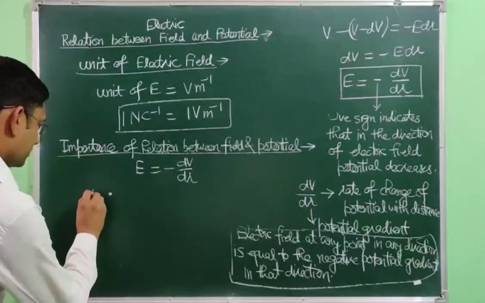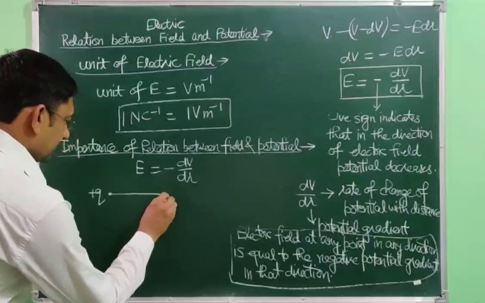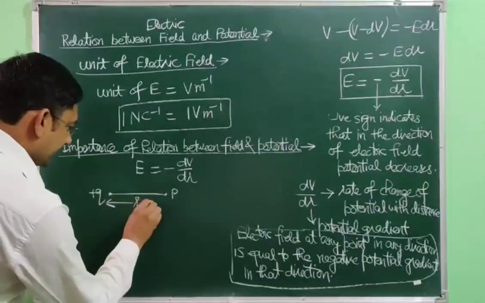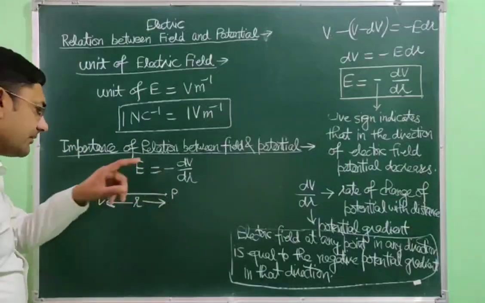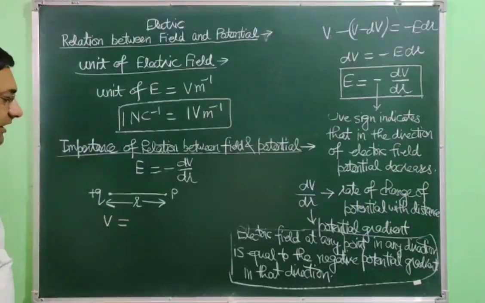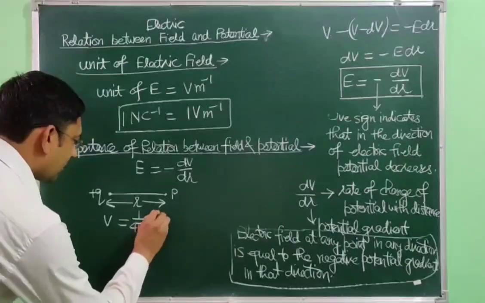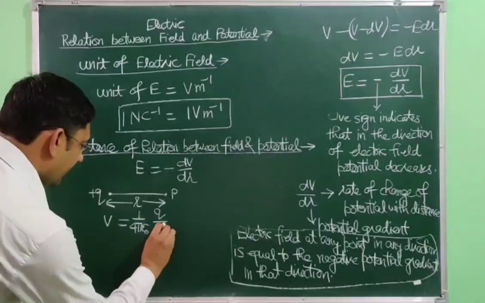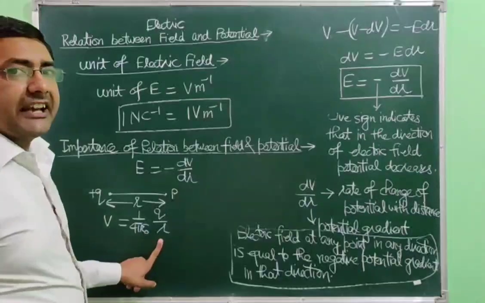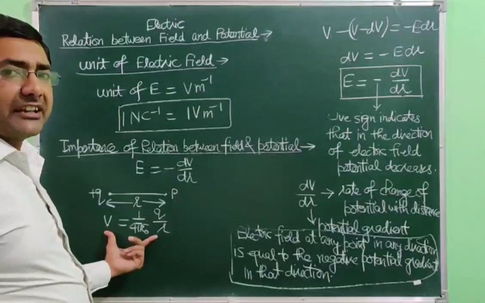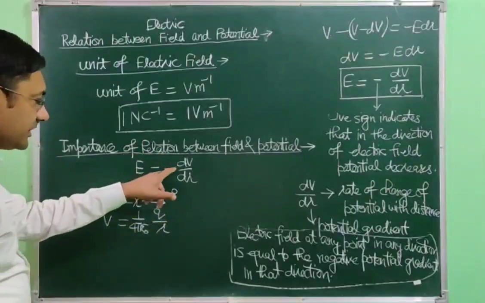Suppose this is plus Q charge, and this is a point P, at a distance r from this charge Q. So what will be potential at this point? Potential at this point will be 1 upon 4 pi epsilon naught, Q over r. So this is the value of potential. Then by using this value of potential, I can calculate the field at this point using this relation.